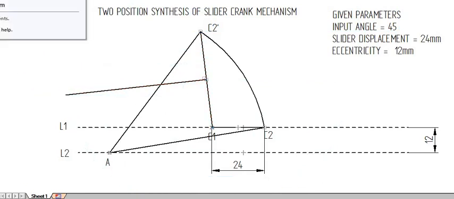Mark it as a dotted line. So this will be the dotted line.